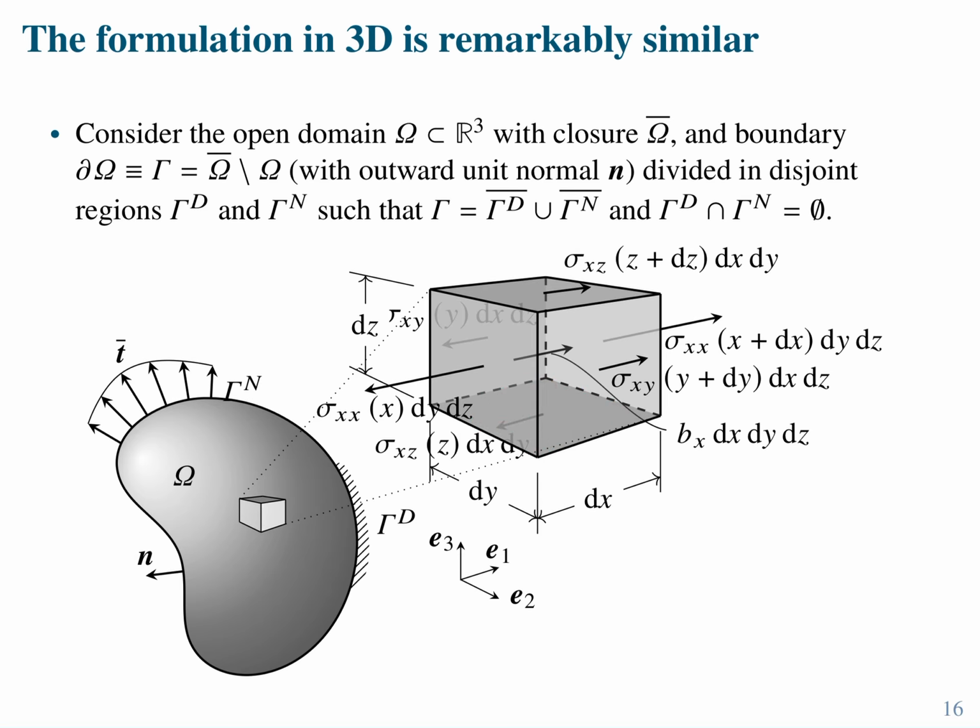In addition to all the forces created by the stresses, of course you have the inertial effect. You have the density, which is mass per unit volume, and so we have to multiply that by the volume dx dy dz of this infinitesimal cube.